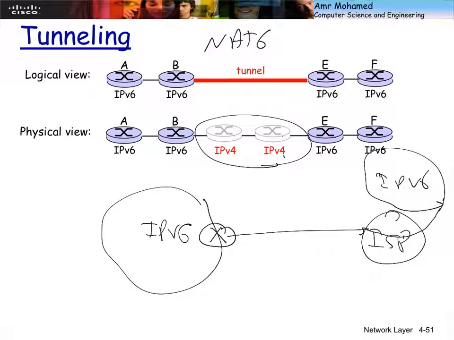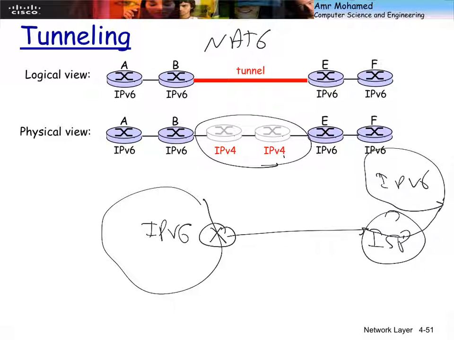Sorry, not down. You are moving horizontally in that case. So the next header might point to horizontal movement from one protocol to another in the same layer, or it might point to a protocol in the higher layer or the lower layer.